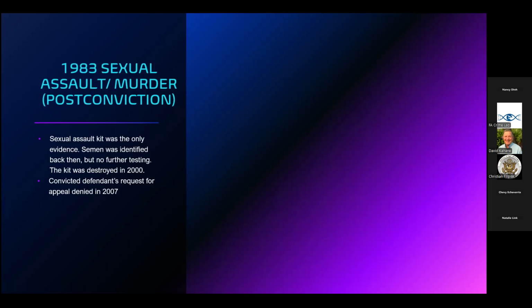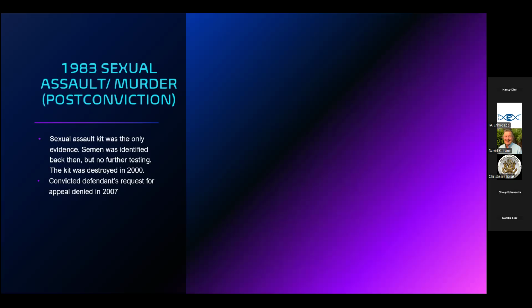And again, through much persistence, the defendant's attorneys were able to successfully appeal his conviction based on the unreliable and scientifically questionable bite mark evidence, as well as the jailhouse informant testimony. So the attorneys did all the research they could about the evidence, tracking where it's been and where it went, and they found out that the smear slides collected by the medical examiner still existed at the medical examiner's office.